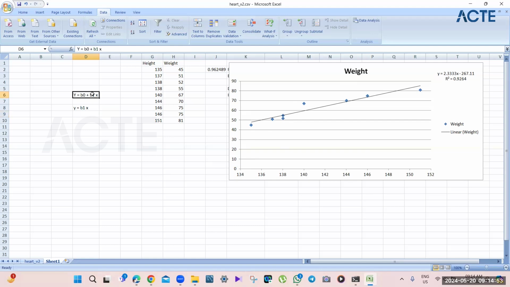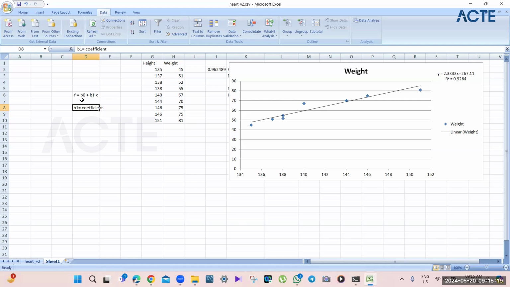And what is beta 1? I told you about the slope and all, but essentially we call beta 1 the coefficient. That means how much percentage of change we need to bring into x so that we can get the value of y.